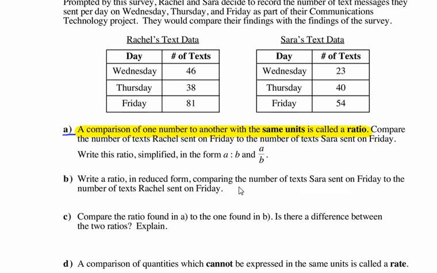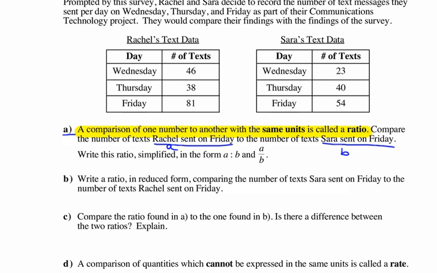Comparing the number of texts Rachel sent on Friday to Sarah on Friday. We can write it in two ways: A to B, with the colon, or A over B. Rachel would be the A because it's the first one, and we're comparing it to Sarah, so Sarah is B. All fractions we want in reduced form.